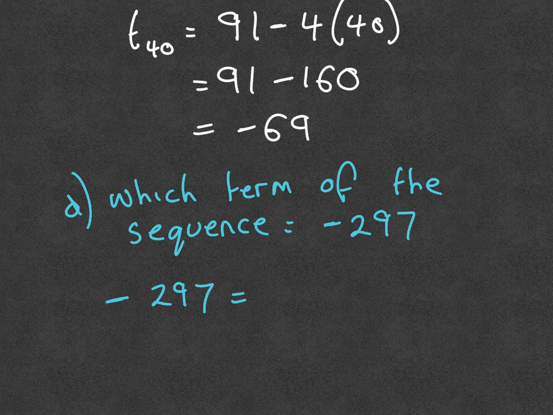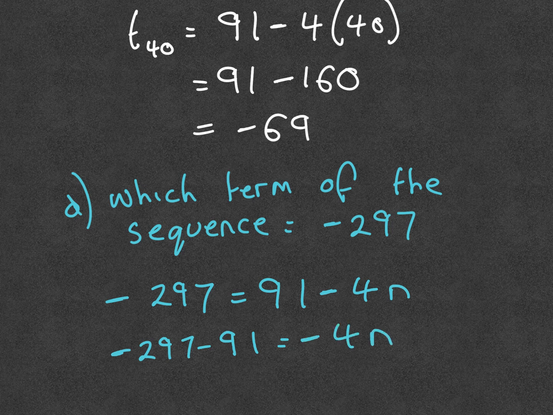We know that's going to be equal to 91 take away 4 times n. Again, this is just an algebraic rearrangement to figure out what n is equal to. First I'm going to shift the 91. So negative 297, take away another 91 is going to be equal to minus 4n.